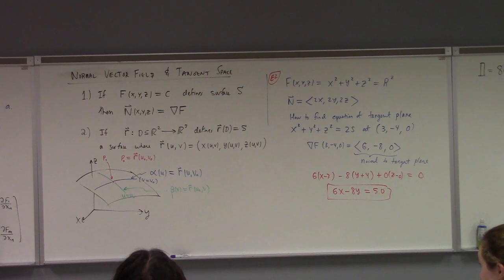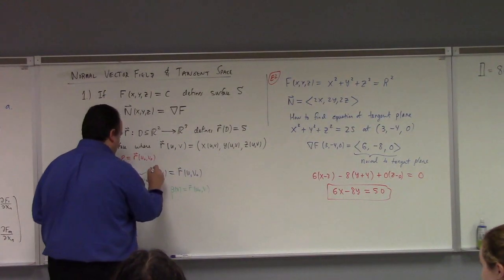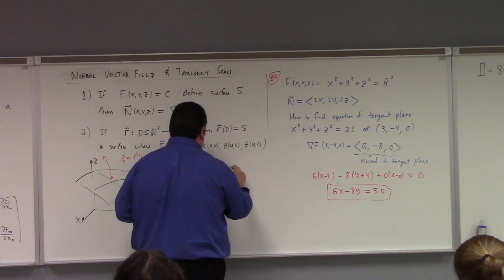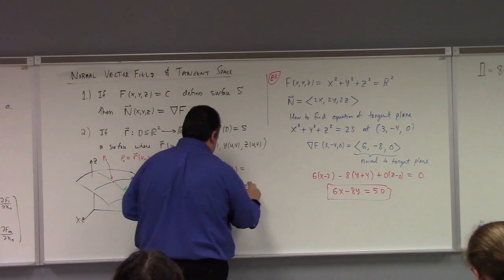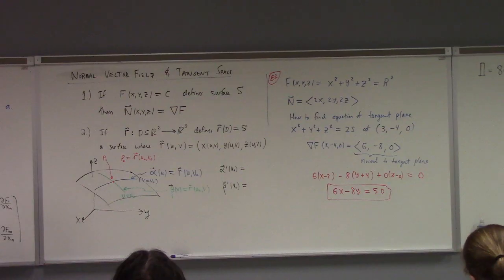So check this out. Alpha prime, these are vectors. Alpha prime of U naught is equal to something. Beta prime of V naught is equal to something else. What are those? Think about it. We're differentiating R holding V naught fixed.